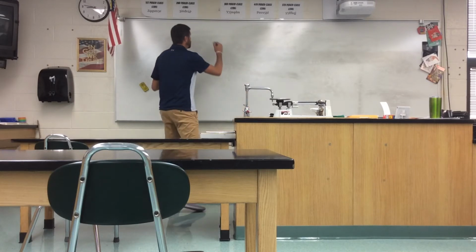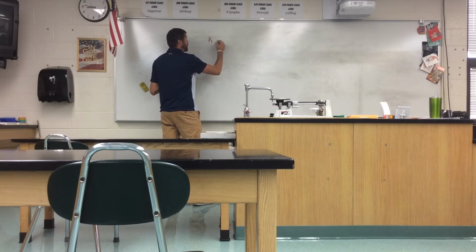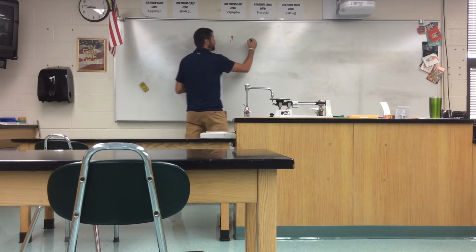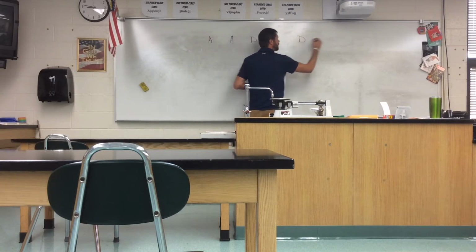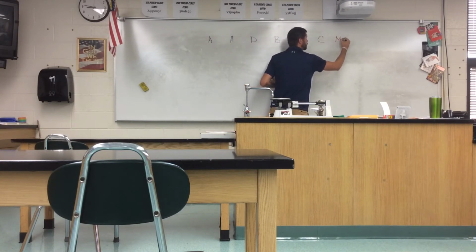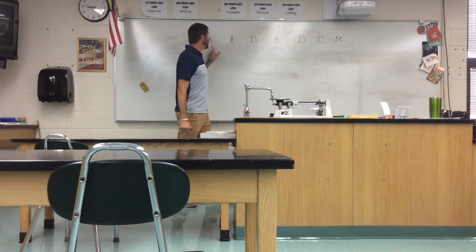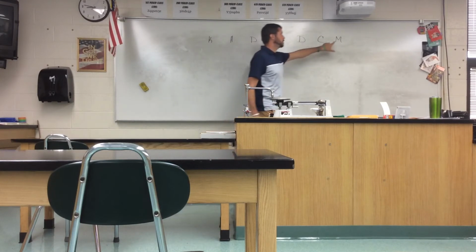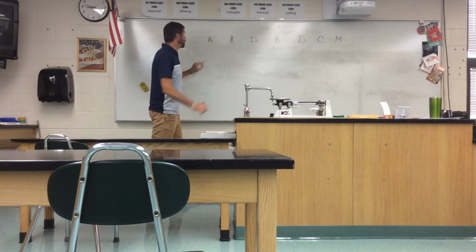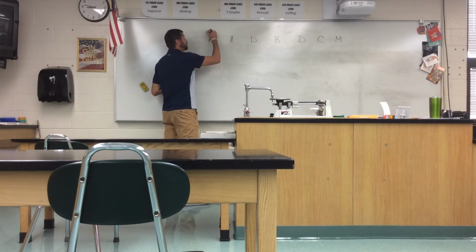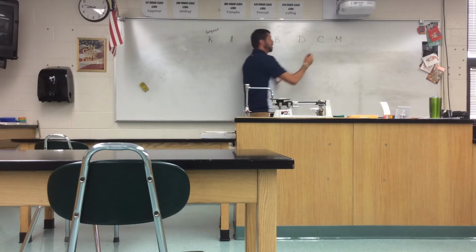He said, King Henry died by drinking chocolate milk. King Henry died by drinking chocolate milk. Okay? And that puts our prefixes in order from our largest to our smallest.